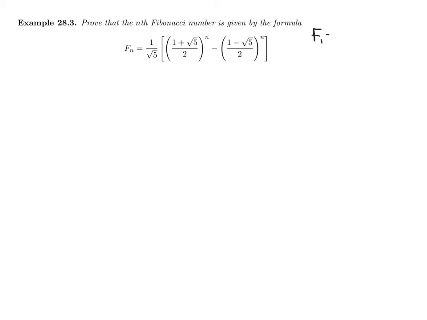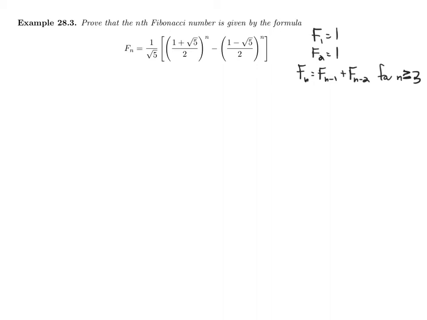We know F1 is 1, F2 is 1, and Fn is the sum of the n minus 1th term and the n minus 2nd term when n is greater than or equal to 3. So that's the Fibonacci sequence, same sequence as from our first example.